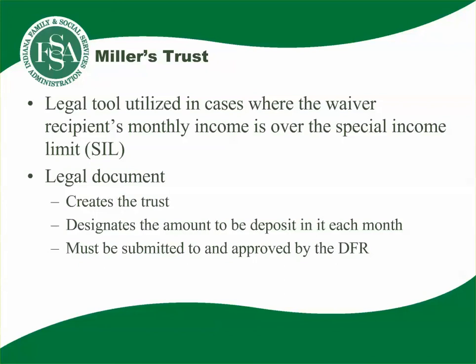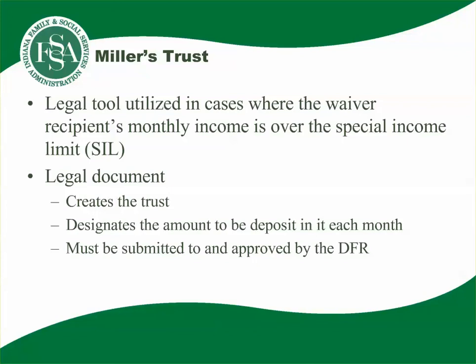Now, just briefly, I want to mention a legal tool called a Miller's Trust. And this comes into play in cases where the waiver recipient's monthly income is actually over that special income limit, the SIL. When that happens, you can get a Miller's Trust document. It's a legal document. It creates a trust. It designates an amount that is to be deposited in the trust each month.